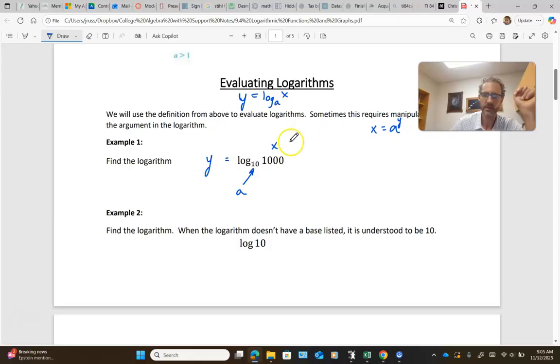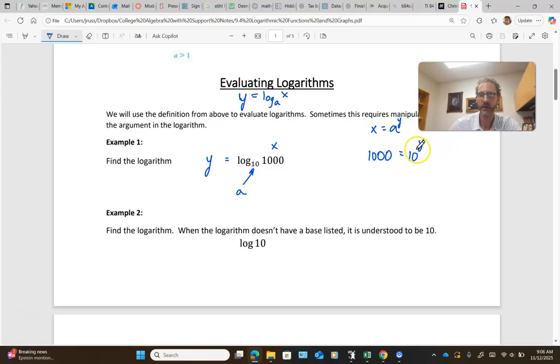Okay, well if x is 1,000 and I plug it in over here, then I'll have 1,000 is equal to 10 to some power, okay? So I'm trying to figure out what power of 10 will give me 1,000. And again, this just reiterates the fact that a logarithm, or the output of a logarithmic function, is an exponent.